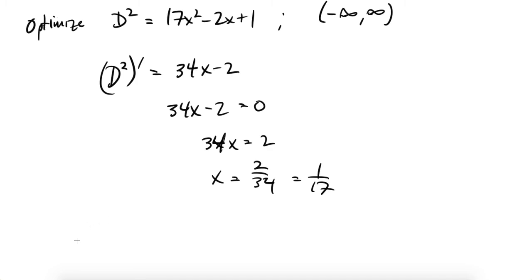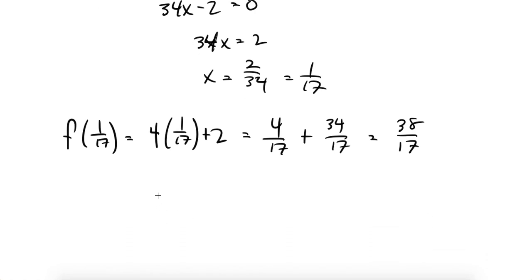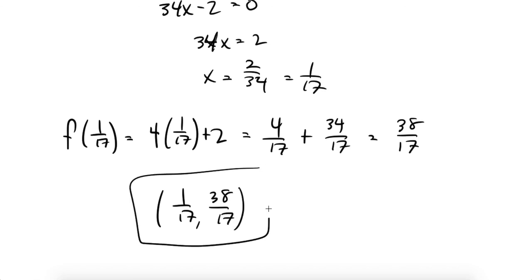So if I want the y value, I also need to evaluate f of 1/17, where our original function was 4x plus 2. So in this case, 4 times 1/17 plus 2, or 4/17 plus 34/17, or 38/17. So it turns out the point on the line that minimizes distance is (1/17, 38/17).